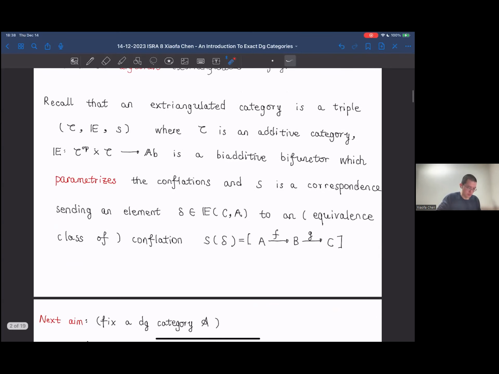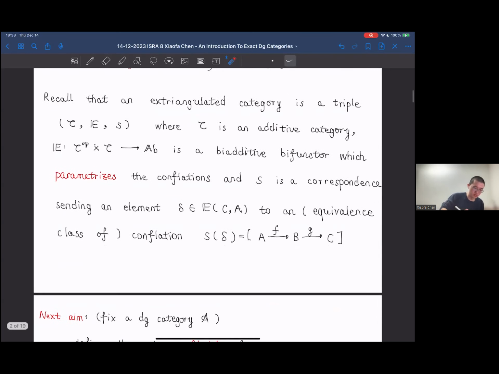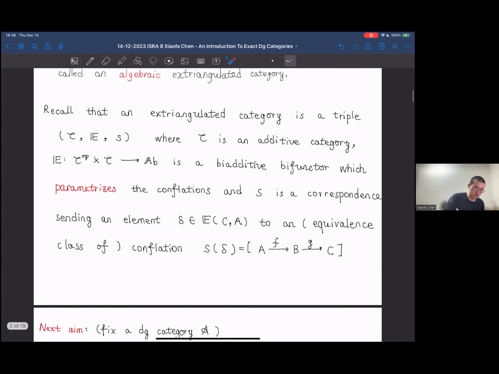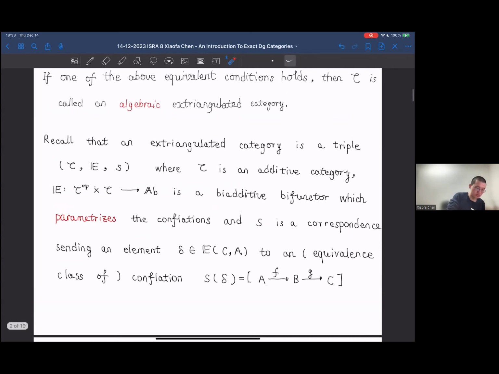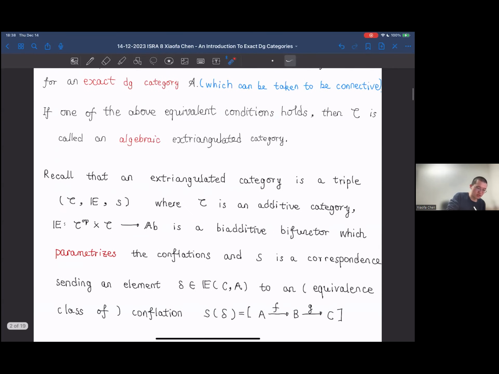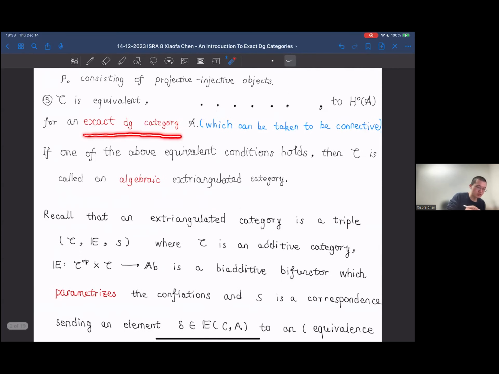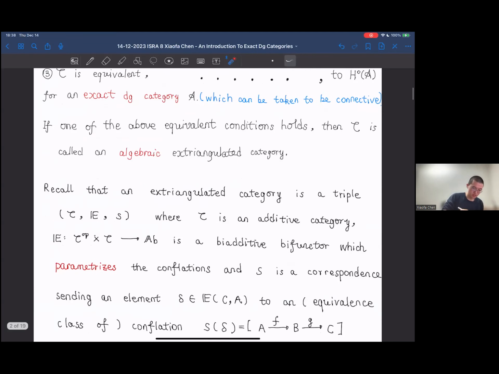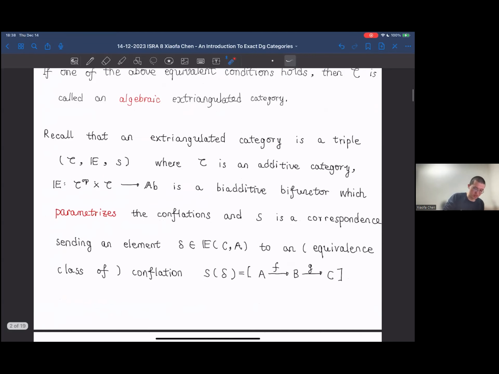So here, when we have an extriangulated category and we want to define an exact dg category which enhances the extriangulated category C, we need to define this bifunctor in terms of the dg category. So we need a class of conflations.